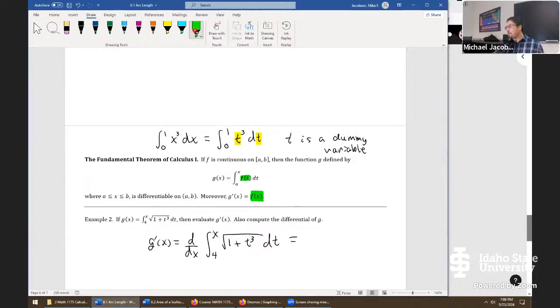F of x is what goes here, but that has a dummy variable of t, so that's confusing. When we go to write this out, it'll be square root 1 plus x cubed. That's literally all we do on that. There's no chain rule here unless there's some other function like sine x on the upper limit of integration. We just write out the integrand with the original variable x.